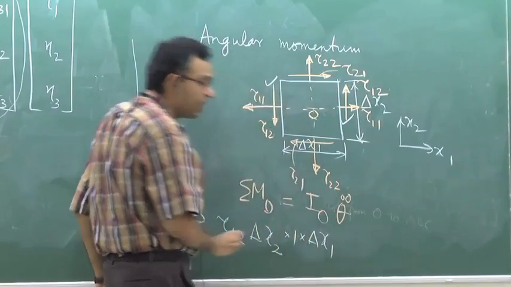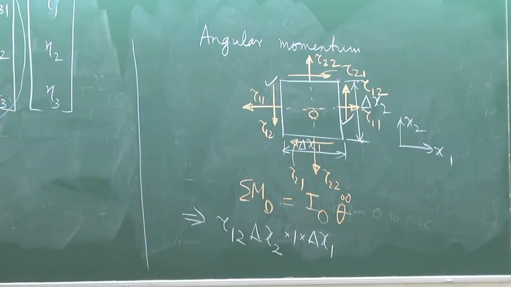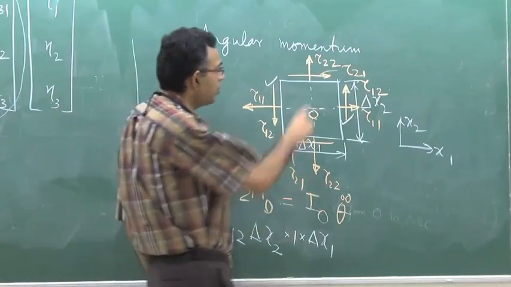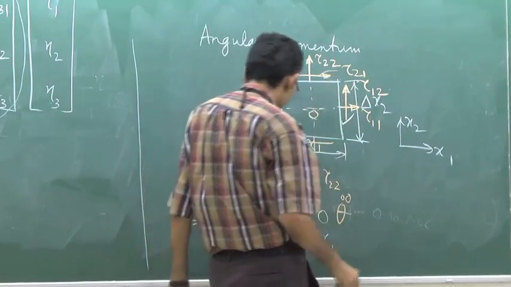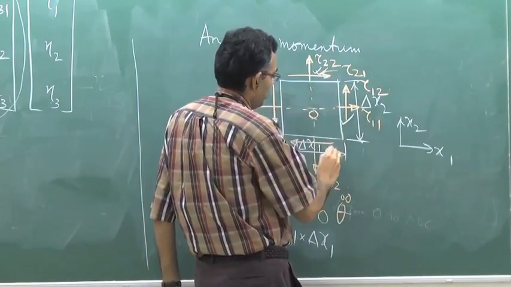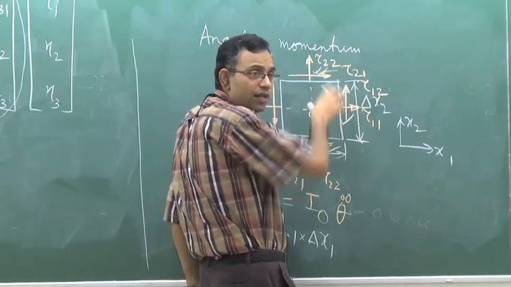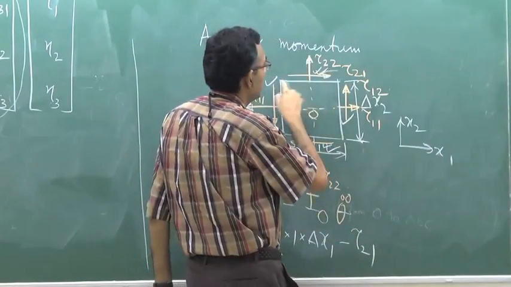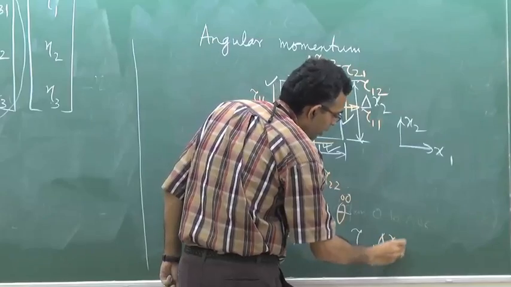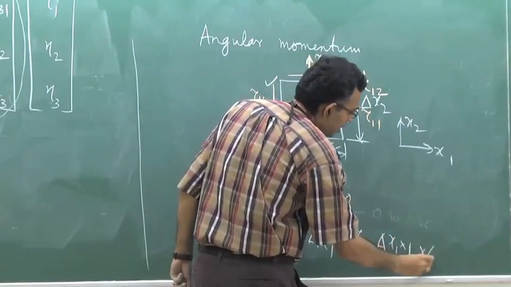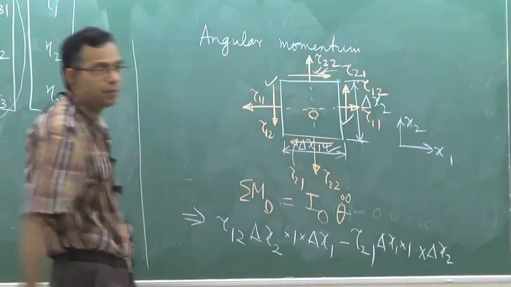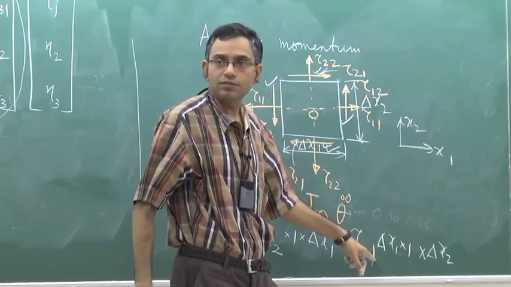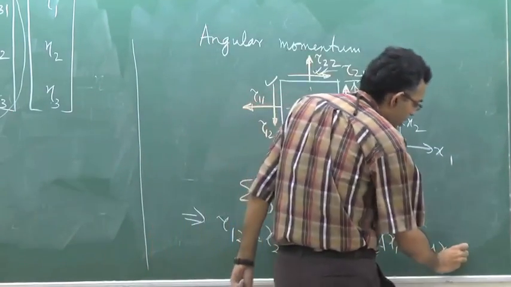Is this a clockwise couple or anti-clockwise? Anti-clockwise couple moment is there, so positive. Then what about tau 2 1? This one and this one form a clockwise couple moment. So minus tau 2 1 into delta x1 into 1, this is the total force, times delta x2. This is the couple moment. So we have represented all the couple moments, which is equal to the moment of inertia.